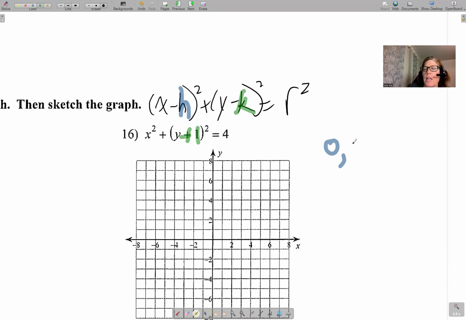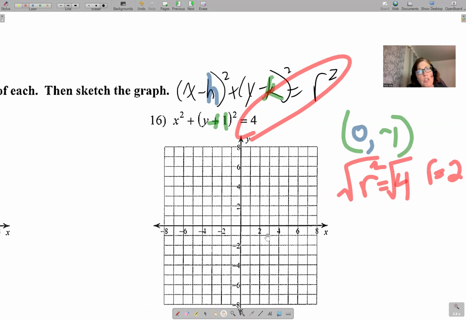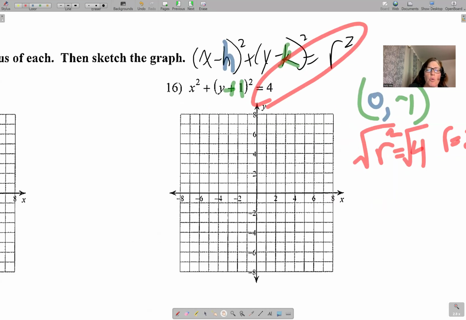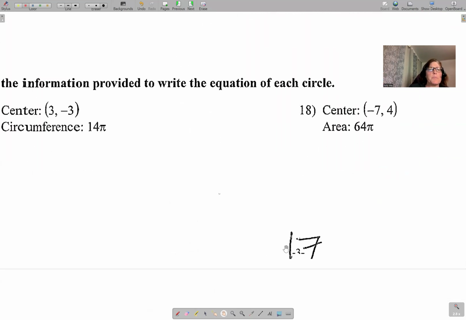That means the k had to be -1. And if r squared is 4, take the square root. That means the radius is 2, and then you graph it.